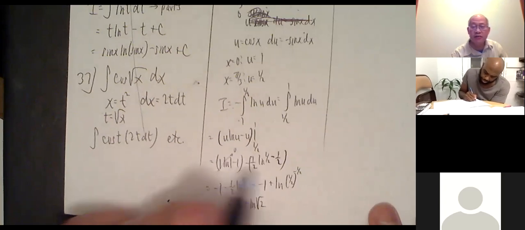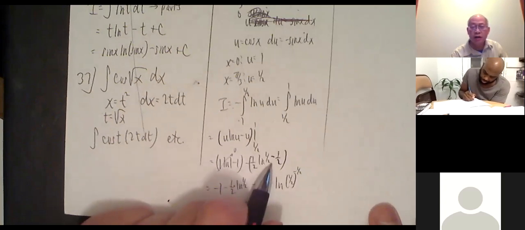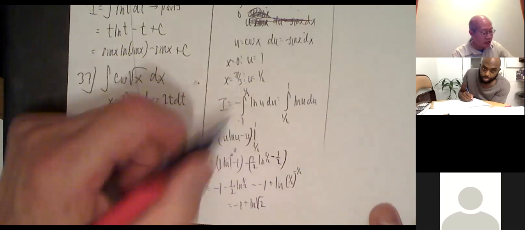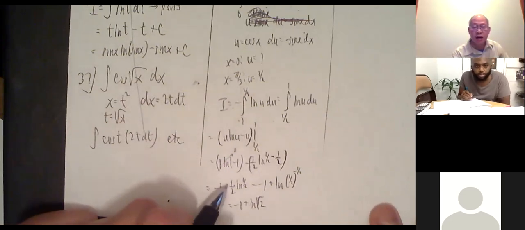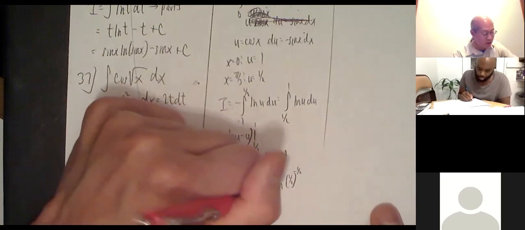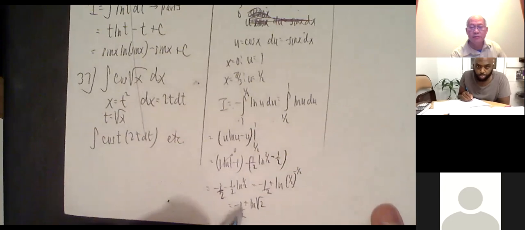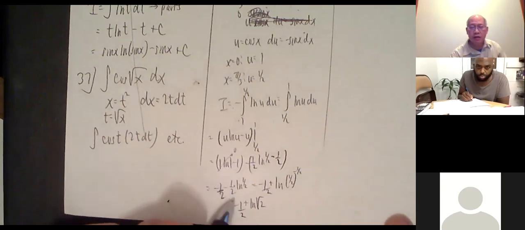Okay, I have negative 1 minus a half. That's negative 1 plus a half, which is negative a half. Okay, so negative a half minus a half ln 1/2. Sorry, that should be a negative 1/2 there. Negative a half.